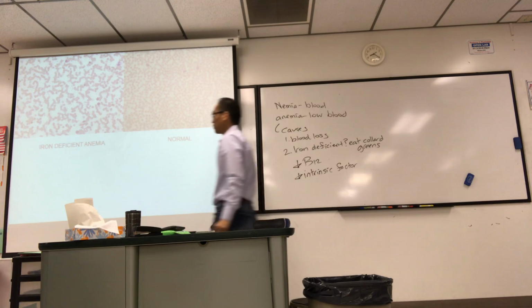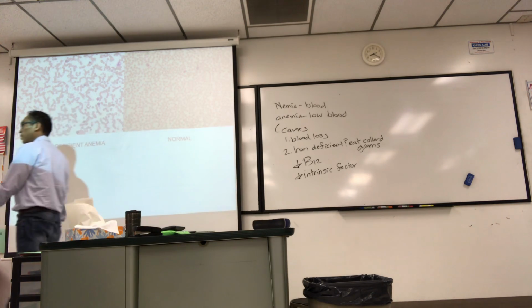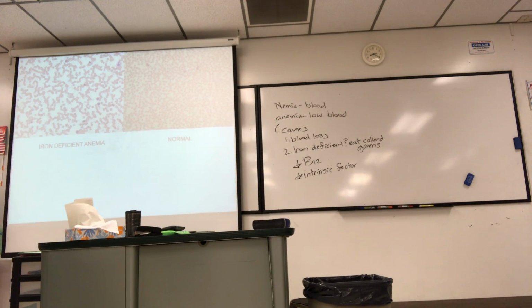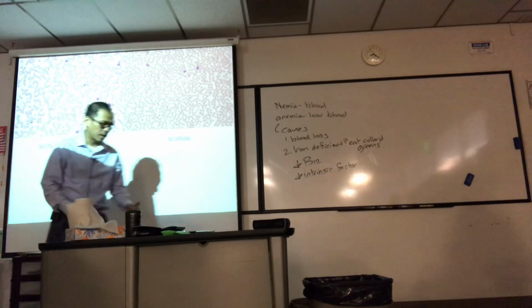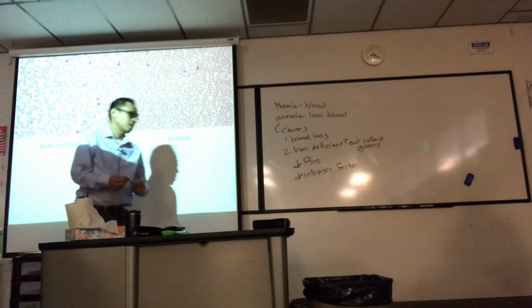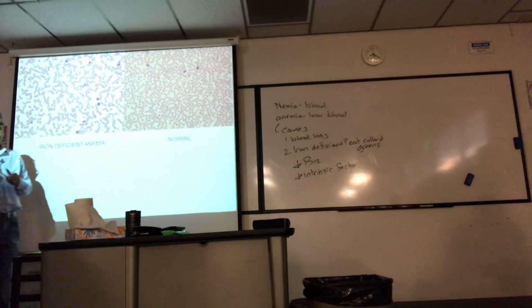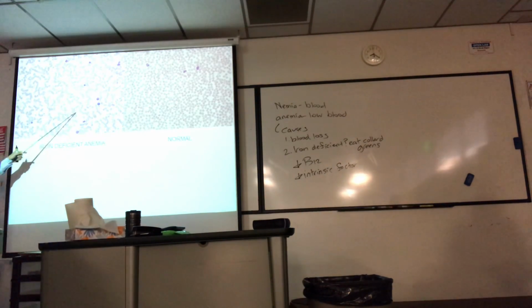A slide of iron deficient versus normal blood. The exposure is a little different, but I still think you can see the difference there. Notice in the iron deficient anemia, when there's less blood, these red blood cells don't have that sickle shape, but they do kind of clump together like that.